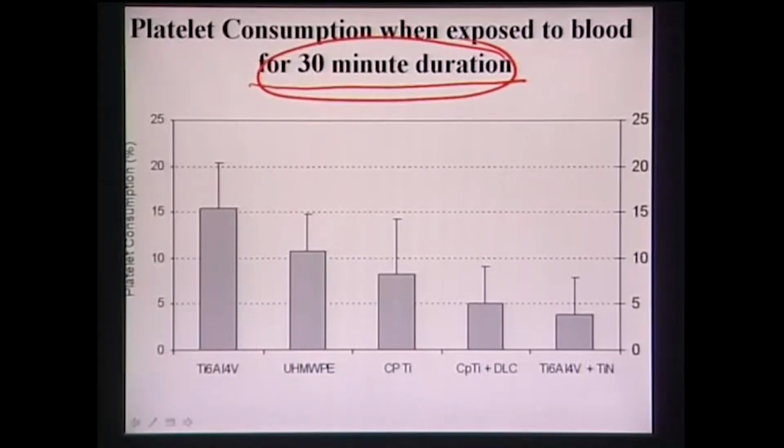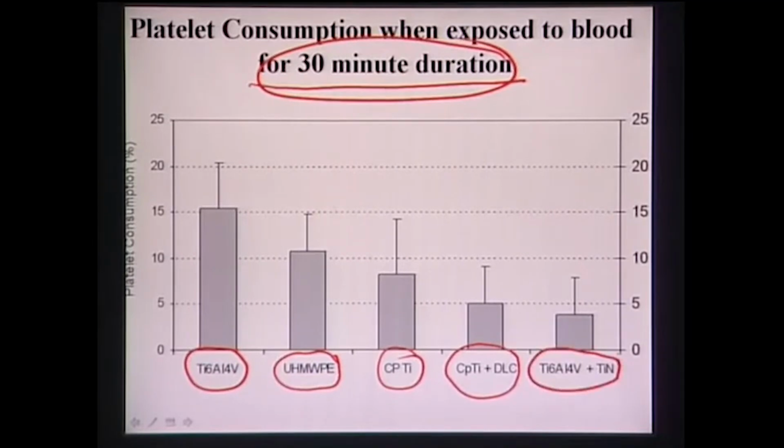Now after 30-minute duration, what you see here: Ti6Al4V, that means titanium 6% aluminum 4% vanadium; ultra high molecular weight polyethylene, UHMWPE, that is an example of a biopolymer; commercially pure titanium, that is the third one I have shown you in the previous slide; commercially pure titanium plus DLC coating, that is diamond like carbon coating; and Ti6Al4V plus titanium nitride coating.